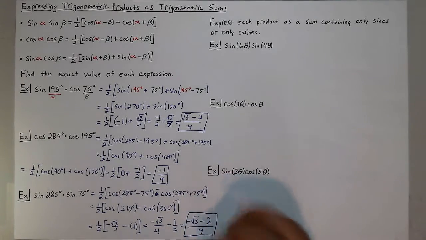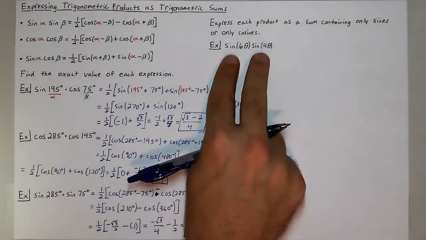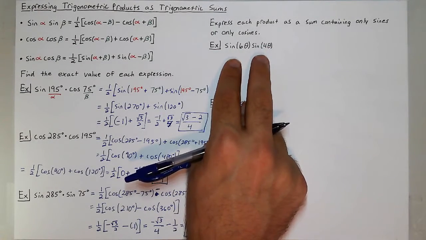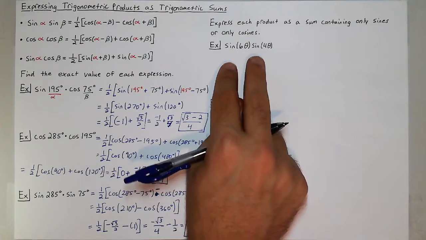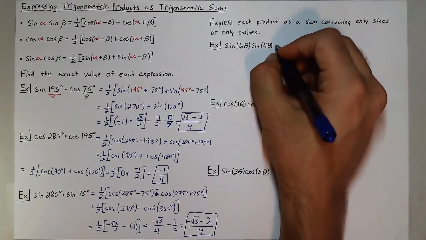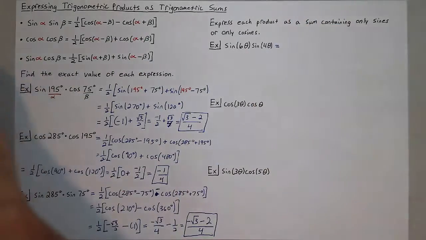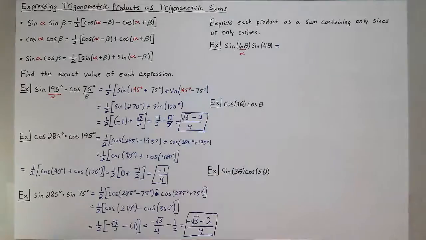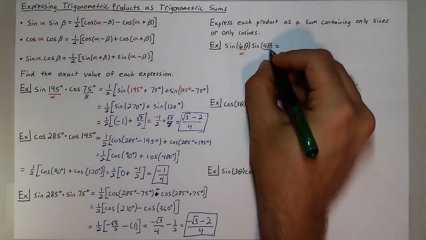Now let's try these just for expressions and how we can rewrite expressions such as sine of 6 theta times sine of 4 theta. That can be rewritten as a sum of two trig functions. I can use this formula right here, where I'll let 6 theta be my alpha and 4 theta be my beta.